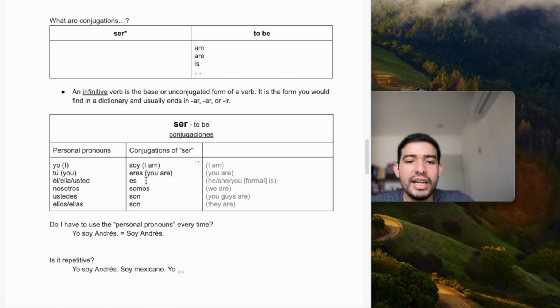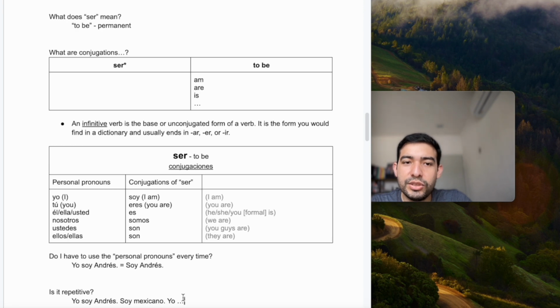Now, as you might have noticed, es can mean he is, she is, and you formal are, right? So because it's not always clear, if the context is not clear enough, we will add él es or ella es, right? Especially the first time you introduce someone else in the conversation, like, oh, she is my sister, you might say ella es my sister, right?